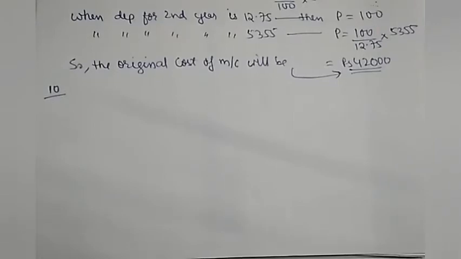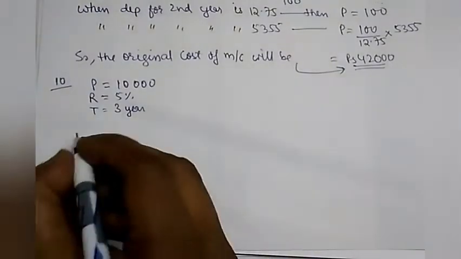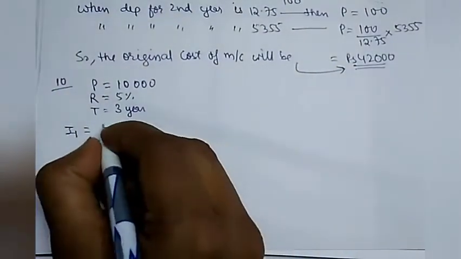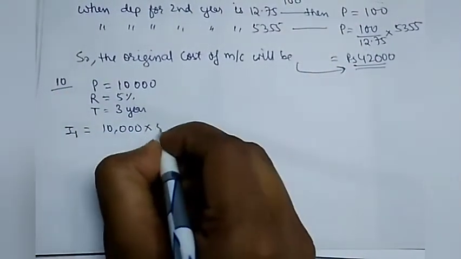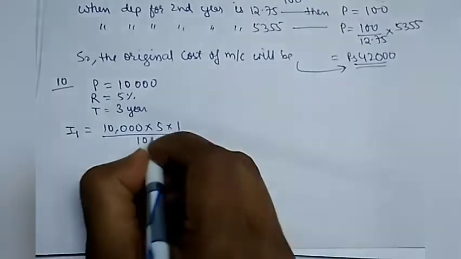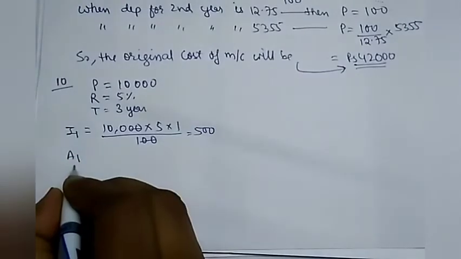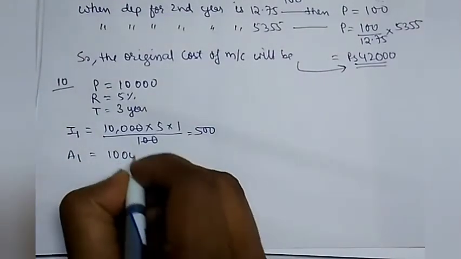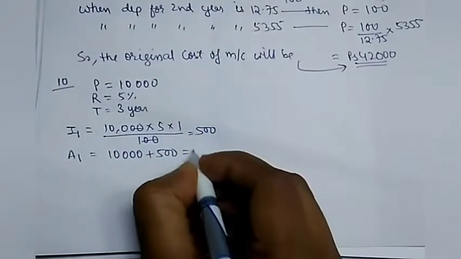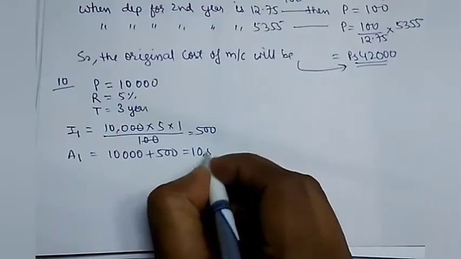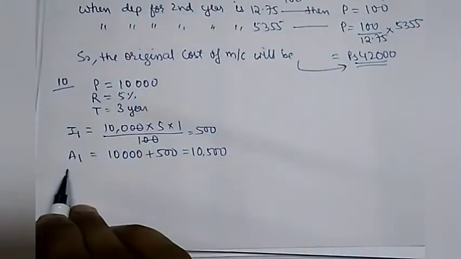So let us start. Interest for the first year, I1, will be equal to 10,000 into 5 into 1 by 100, that is 500. So the amount at the end of the first year will be equal to 10,000 plus 500, that is 10,500.